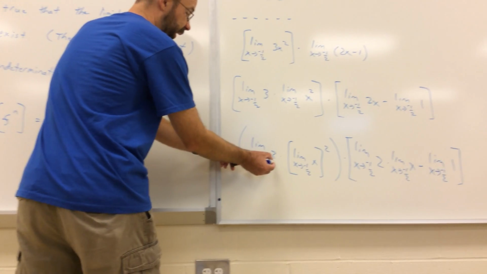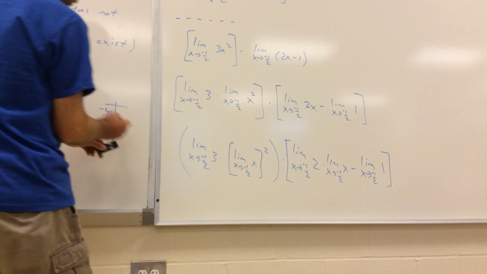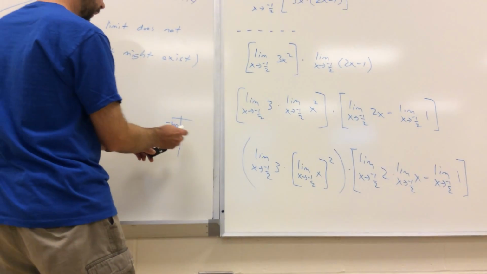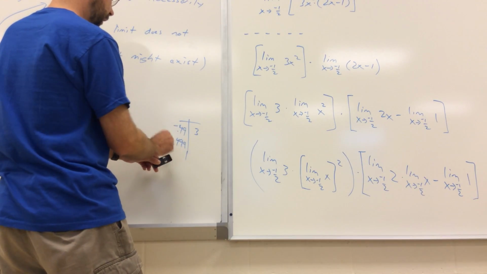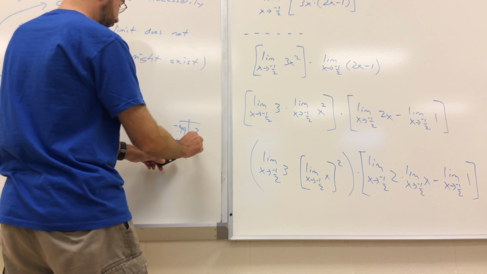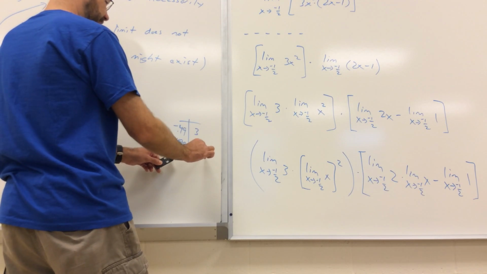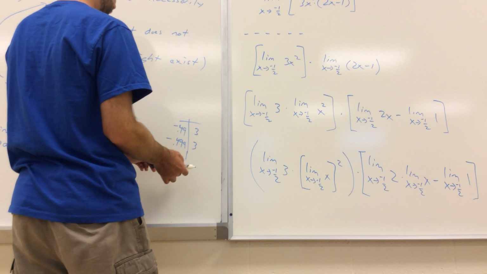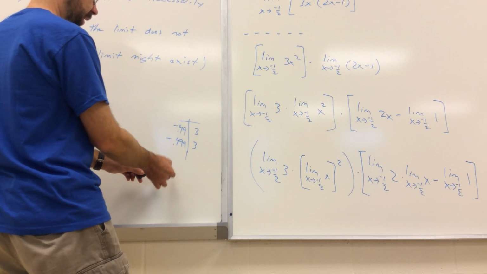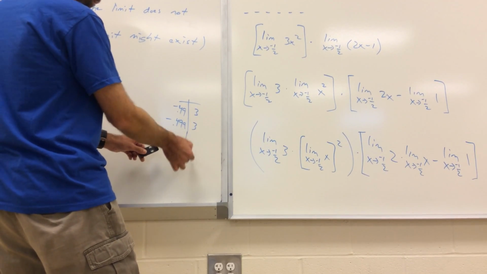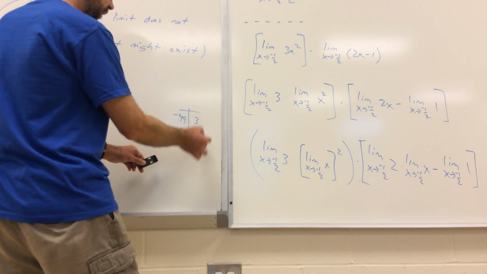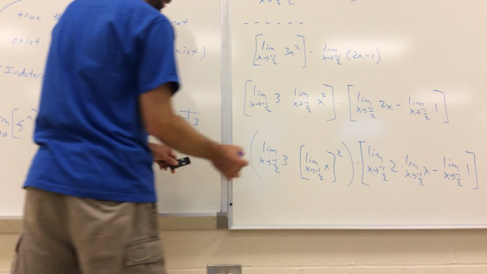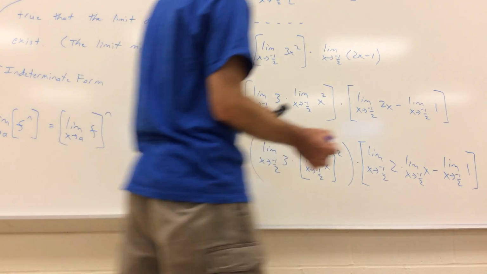And this function here always spits out 3. So when I punch in negative 0.49, it spits out 3. When I punch in negative 0.499, it spits out 3. What are these getting close to? They're getting close to 3. And I could pick numbers above negative a half, but they would be 3 also, right? So these are getting close to 3. So the answer to this limit is 3.